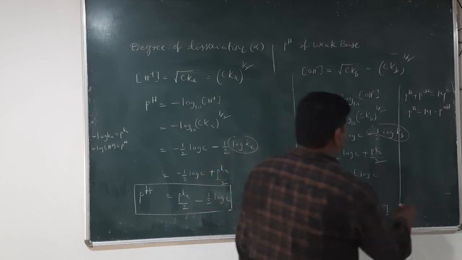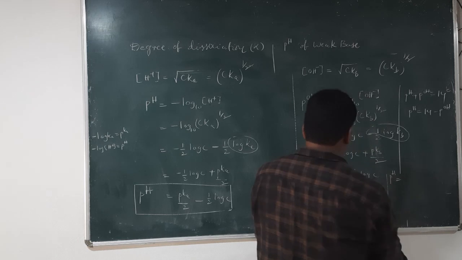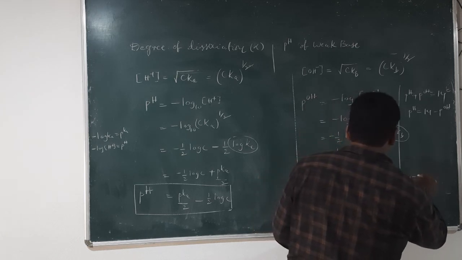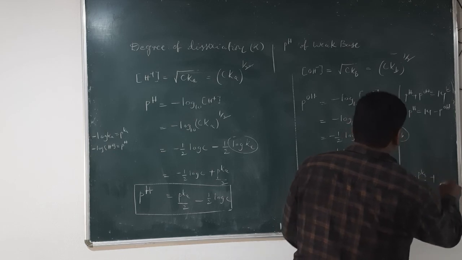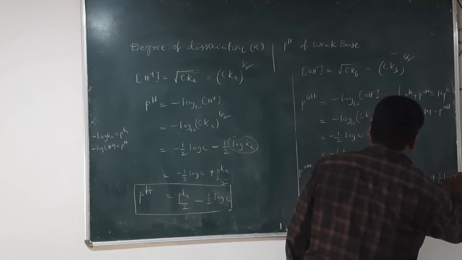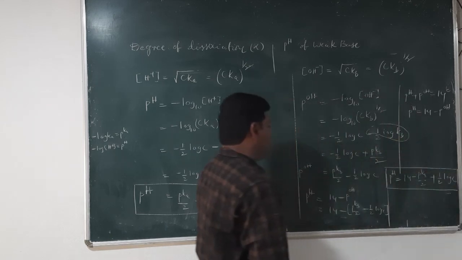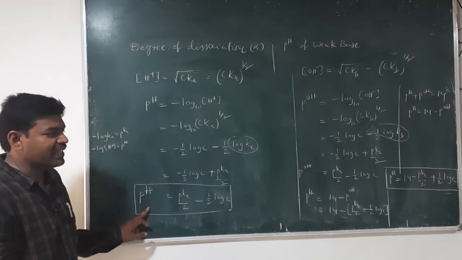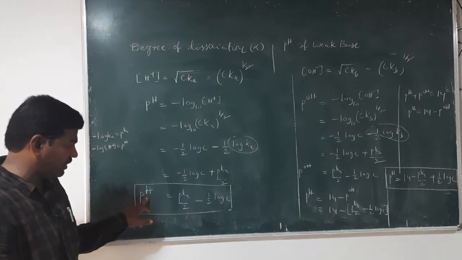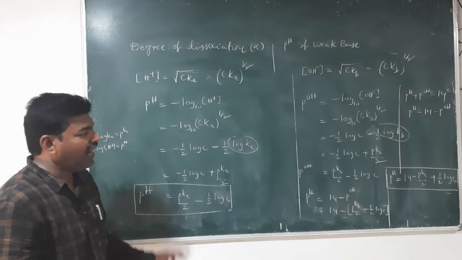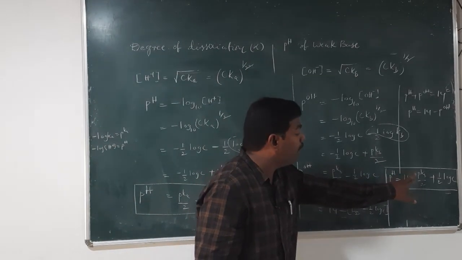So finally we can write the pH of a weak base as pH is equal to 14 minus pKb by 2 plus 1 by 2 log C. So this is the pH of a weak base, and the earlier one is the equation for the pH of a weak acid.